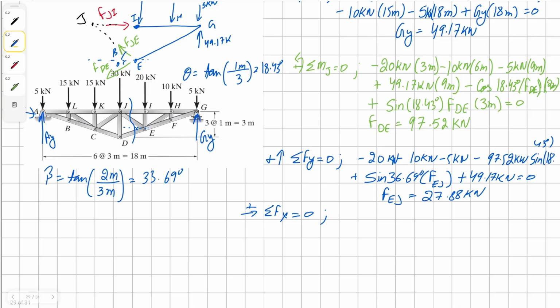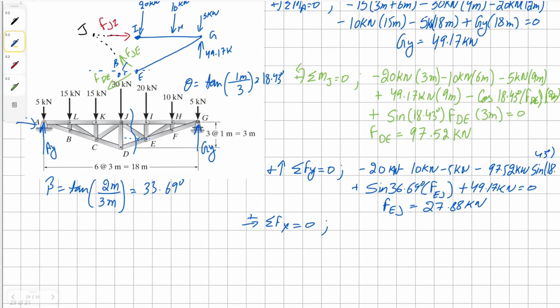It's going to be simply positive force IJ, and we're going to have the horizontal component of EJ and DE, both are negative, all equals to 0.